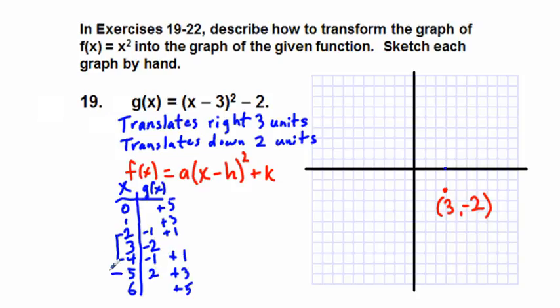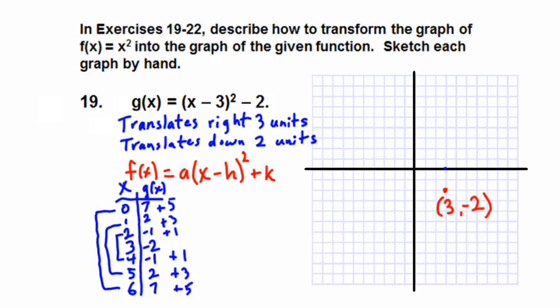And then on the other side, for input of 1, we have an output of 2. And next we add 5. Well, 2 plus 5 is 7. And then on the other side of the parabola at our y-intercept, we also have 7. And if we multiply this out, negative 3 squared is 9, and 9 minus 2 is 7. So that makes sense.